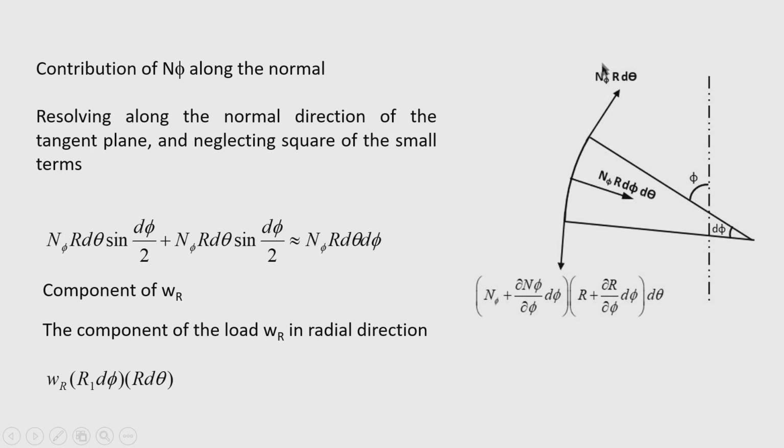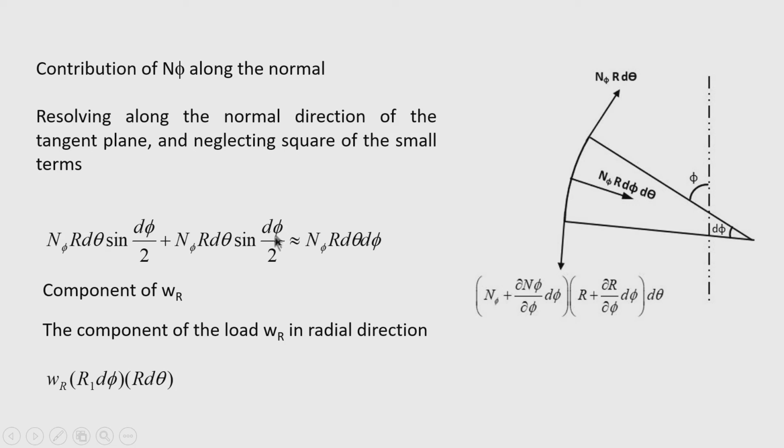So, after resolving this along the normal direction, we get this n phi r d theta. This direction is along the direction of the normal. Now, if I resolve it, then we get n phi r d theta sin d phi by 2 plus n phi r d theta sin d phi by 2, and it is nothing but n phi r d theta d phi, because d phi is a small quantity.